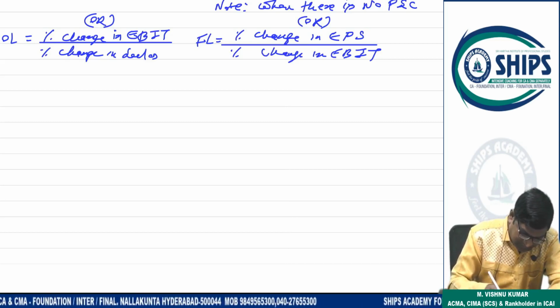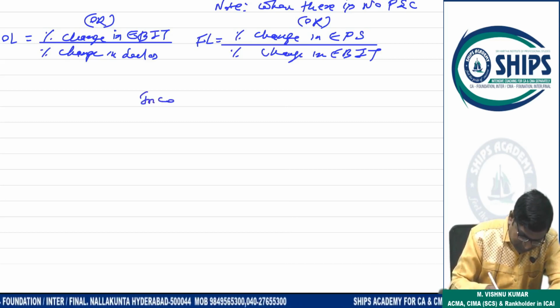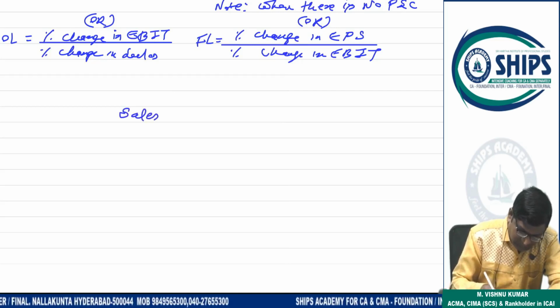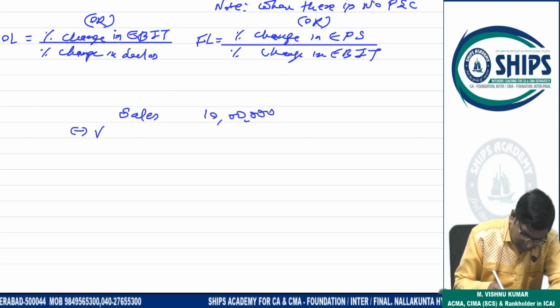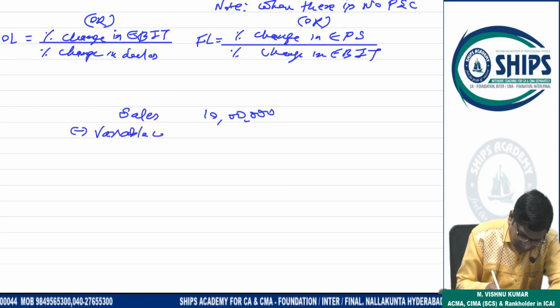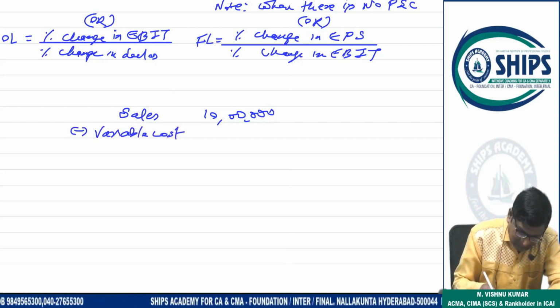Suppose this is an income statement. First, suppose there are sales. Sales suppose 10 lakhs. Suppose variable cost is 4 lakhs.